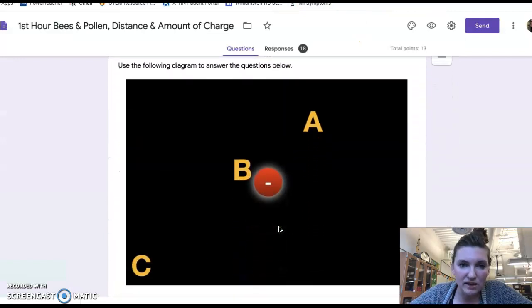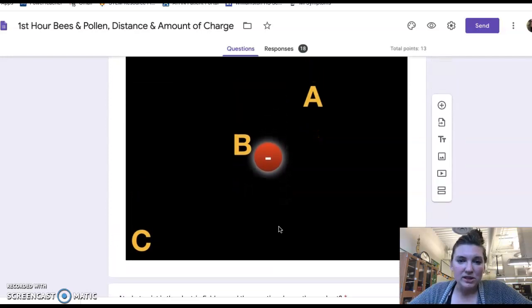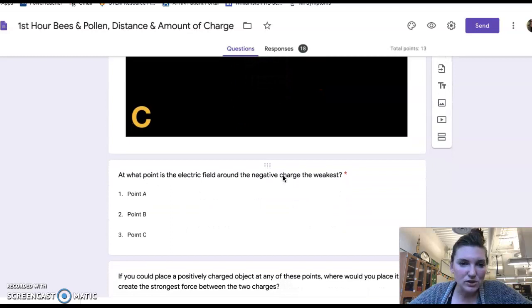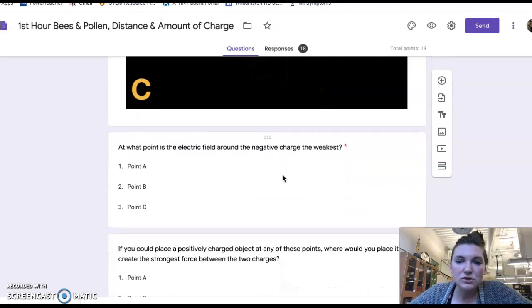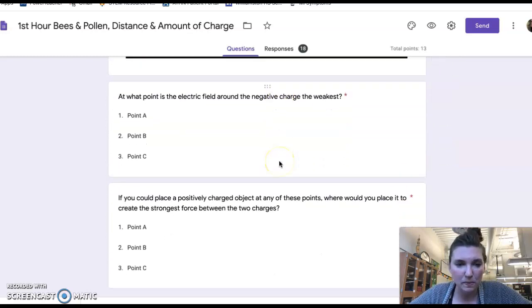So then we have these simulation questions. We have point A, point B, and point C next to a negative charge. At what point is the electric field around the negative charge the weakest? That's going to be the point that's farthest away, because the electric force is strongest closest to the charged object.